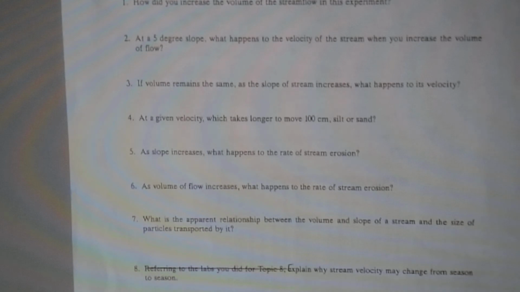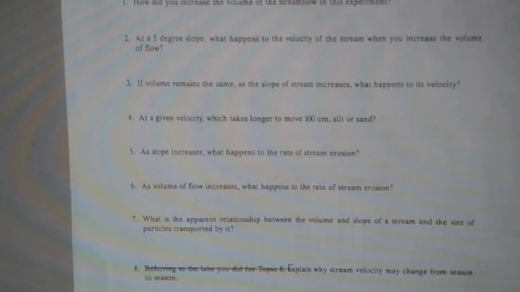Number 6, as the volume of flow increased, what happens to the rate of stream erosion? Again, when I had one hose for the low and 2 hoses for the high, when I increased the volume, my velocity increased. If my velocity increased, so does my rate of erosion.